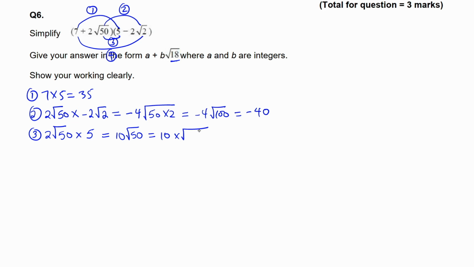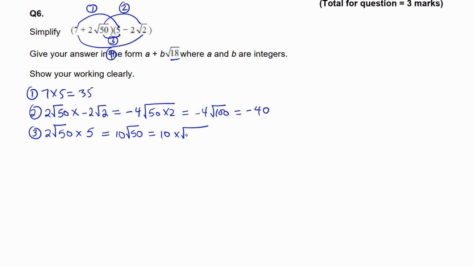If you write 50 as a product of its factors such that one of the factors is a perfect square, we know that 50 can be given as 25 multiplied by 2, which implies that this expression can be written as 10 multiplied by square root of 25 multiplied by square root of 2.